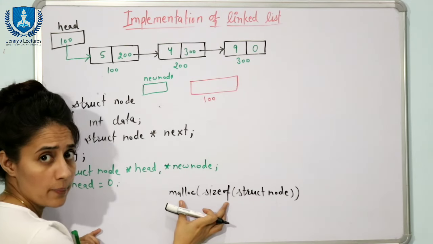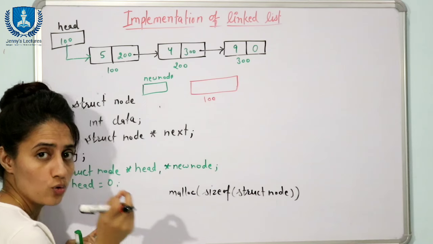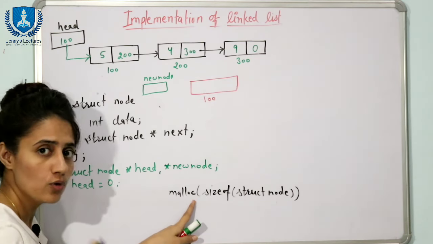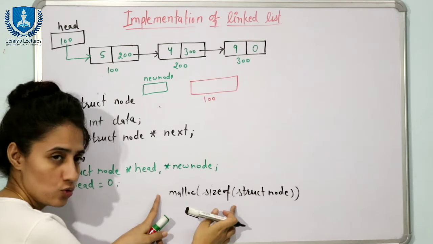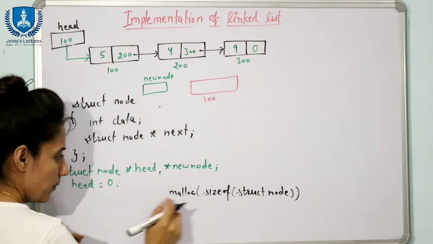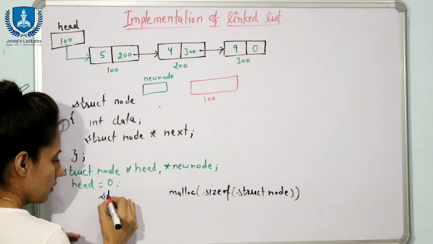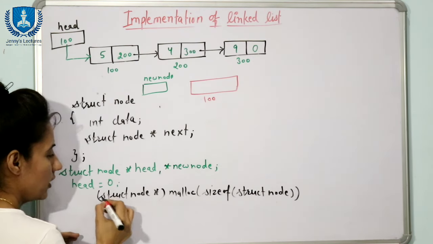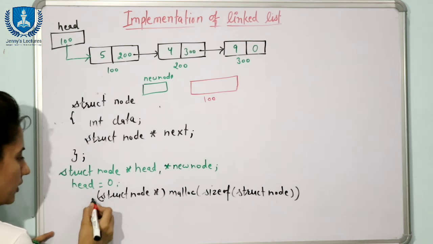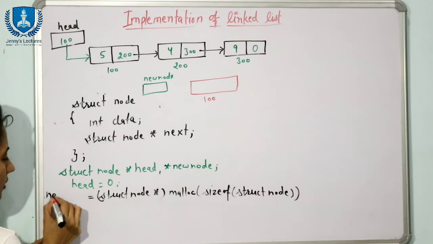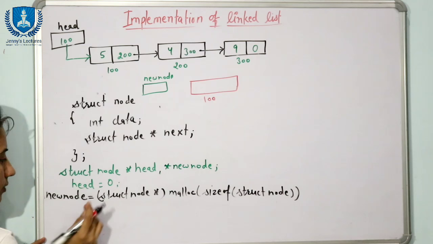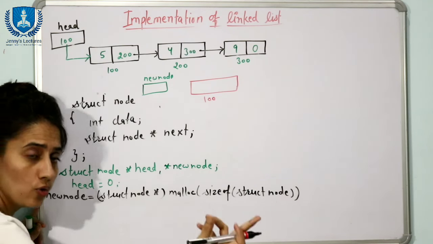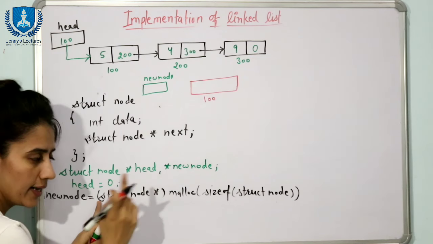Whatever address the malloc function returns, we are going to store into this new node pointer, that is a pointer to node, but malloc returns a void pointer. So you have to typecast this. For typecasting you write struct node asterisk, because we are dealing with a pointer to node. The type is struct node asterisk.